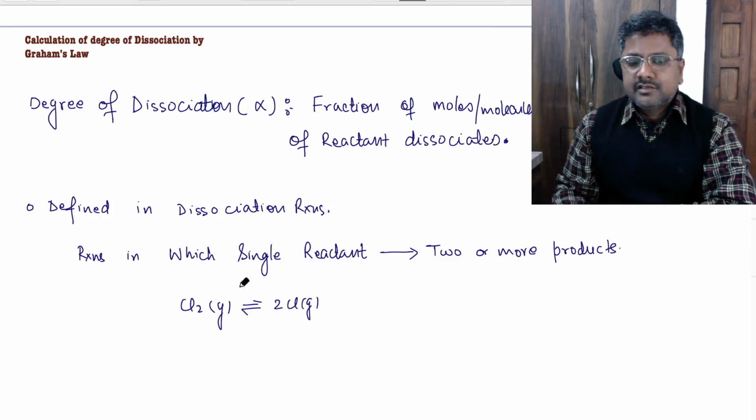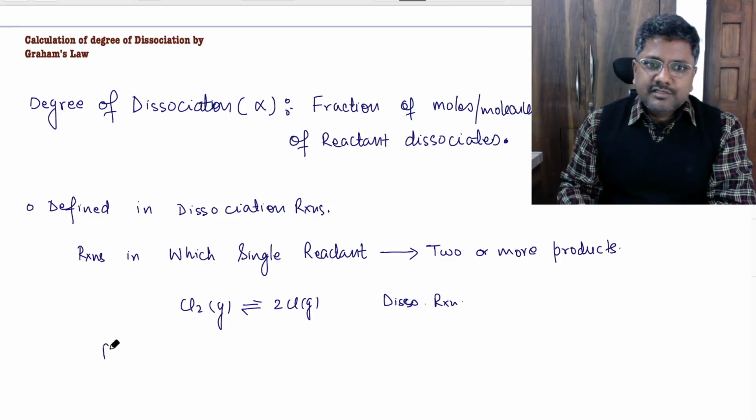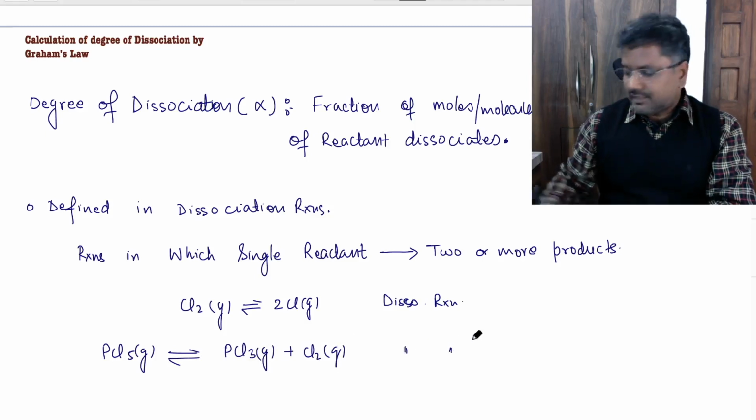It is a dissociation reaction. Similarly, PCl5 gas gives PCl3 gas plus Cl2 gas. This is also a dissociation reaction.